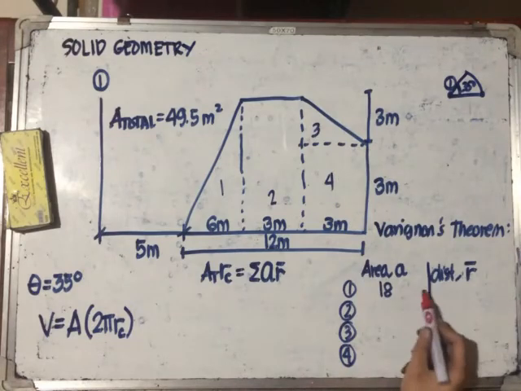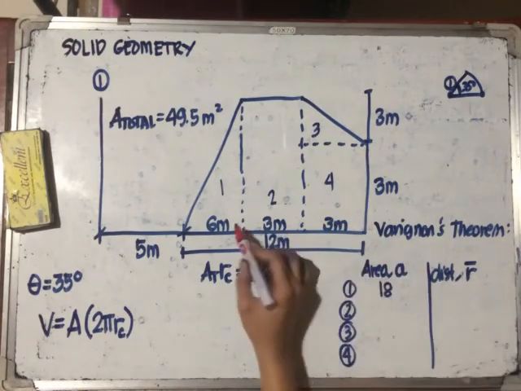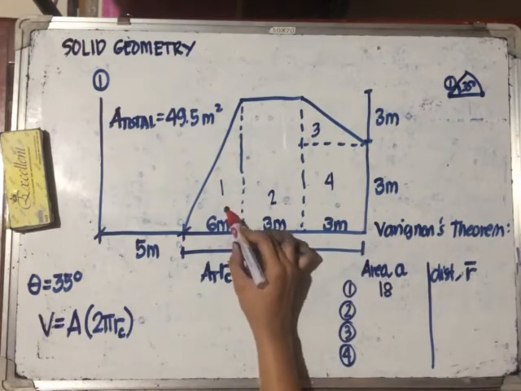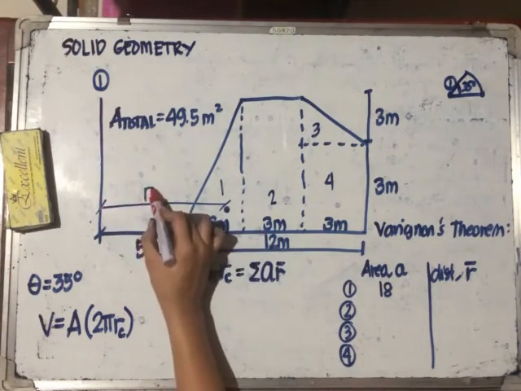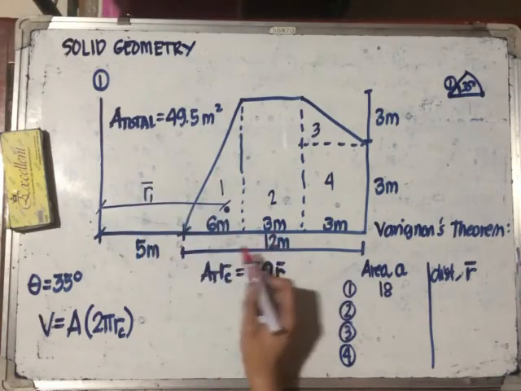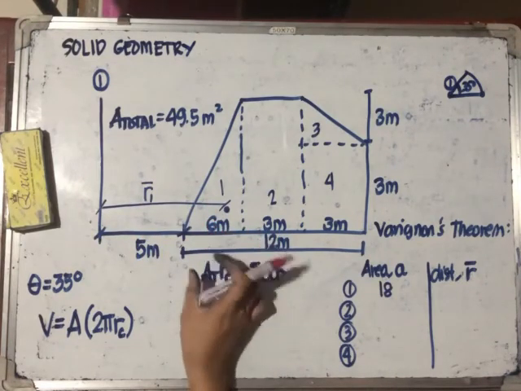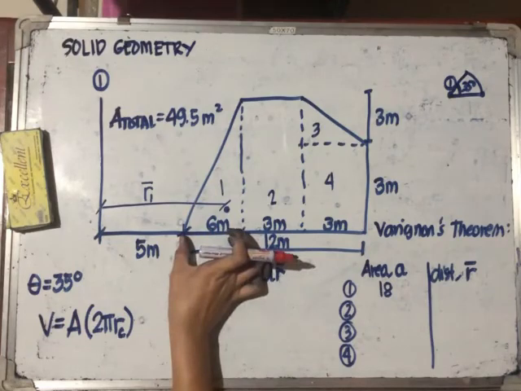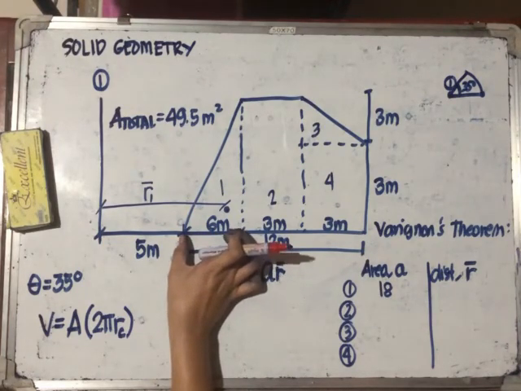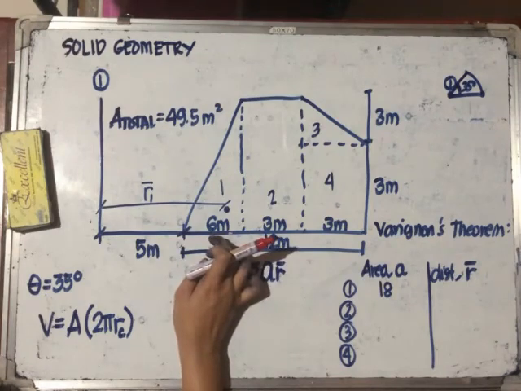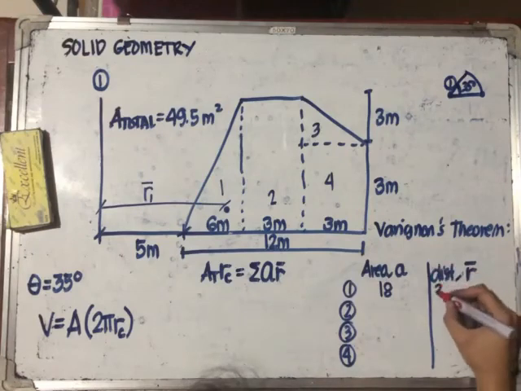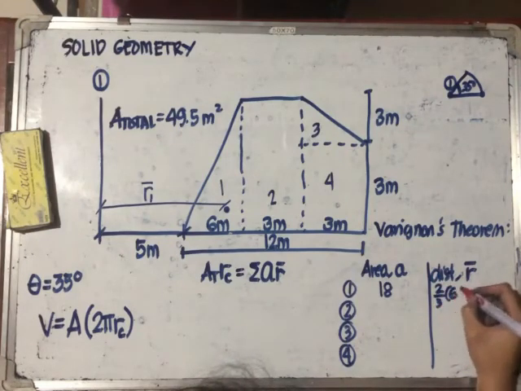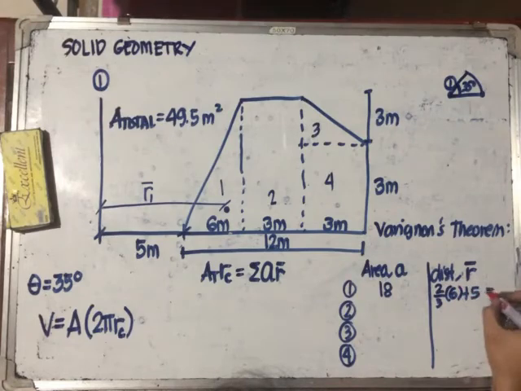And then, ang distance niya, the centroid of this one is located here. Papunta dito. This will serve as our R sub 1 bar. R sub 1 bar is 2/3, ito, diba? 2/3 ng triangle. If nare-recall niyo yung formula ng ating centroid, 2/3 of 6 is 4 plus 5, that is 9. 2/3 of 6 plus 5 is equal to 9.